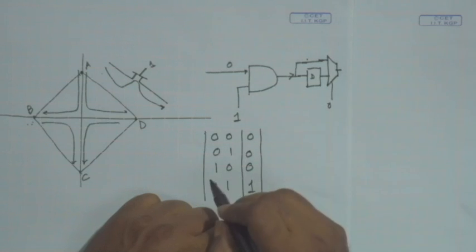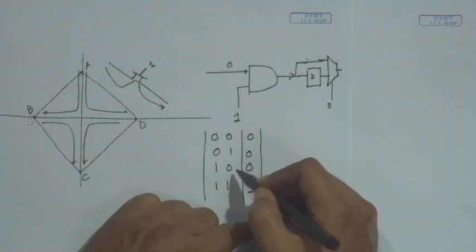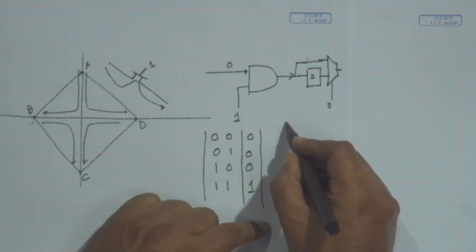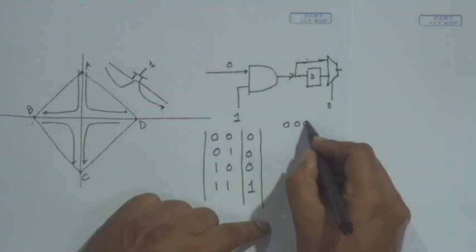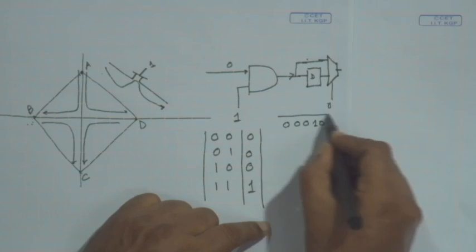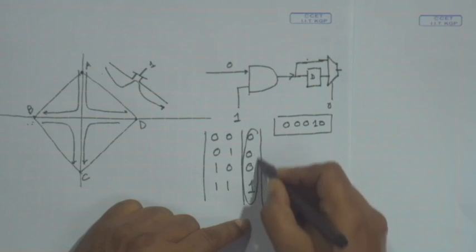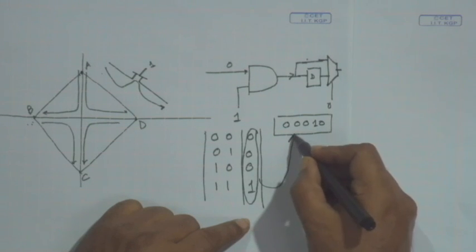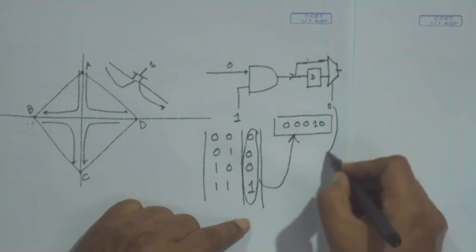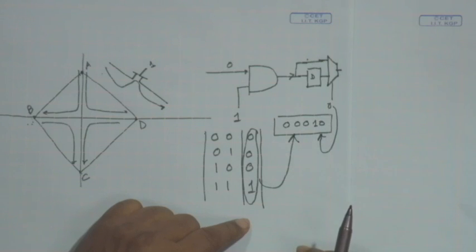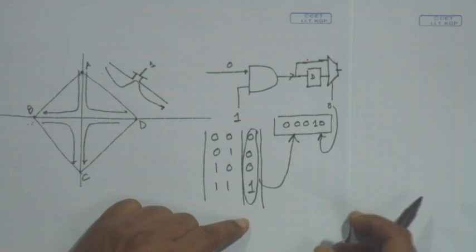It should be 0. So, my programming for this will be 0 0 0 1 0. The AND gate information comes from here and the mux information from here. That will be the configuration for CLB3.